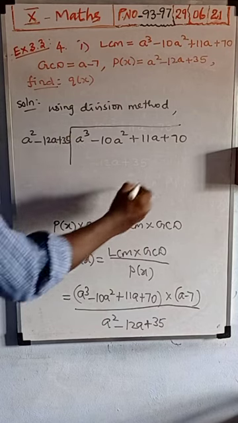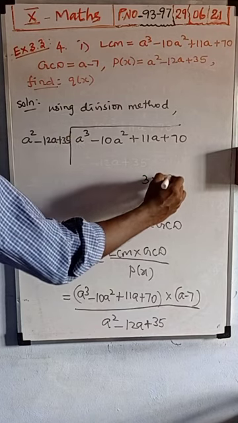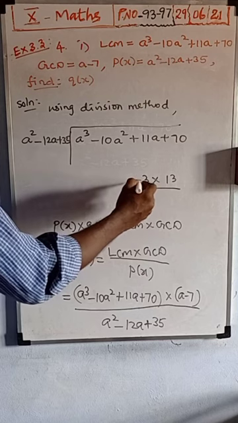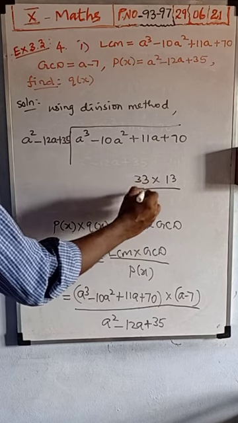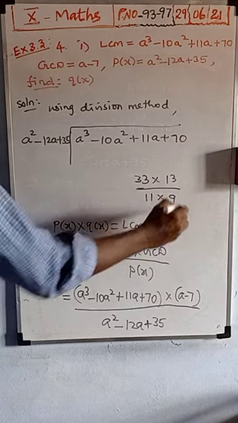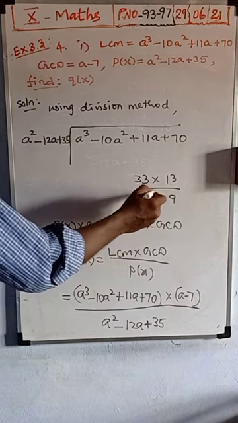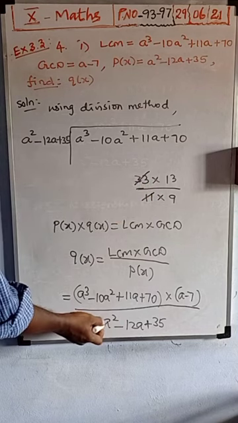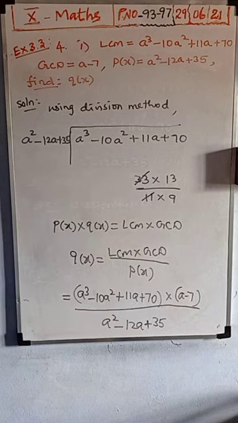Usually in division, suppose here 33 divided by 11 into something, 11 table you will cancel this 33, yes or no? The same only I am doing here, this polynomial I am dividing like that.